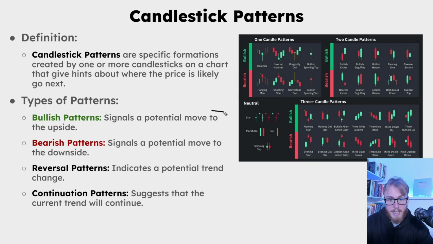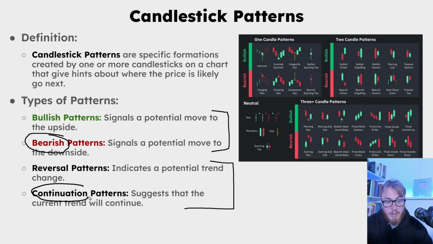And pretty much all candlestick patterns will have one of these and one of these. So for example, a pattern can be a bullish reversal pattern, or perhaps a bearish continuation pattern, or a bearish reversal pattern, and so on and so on.